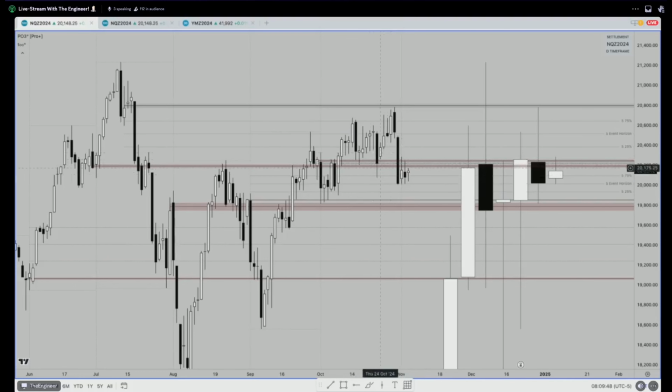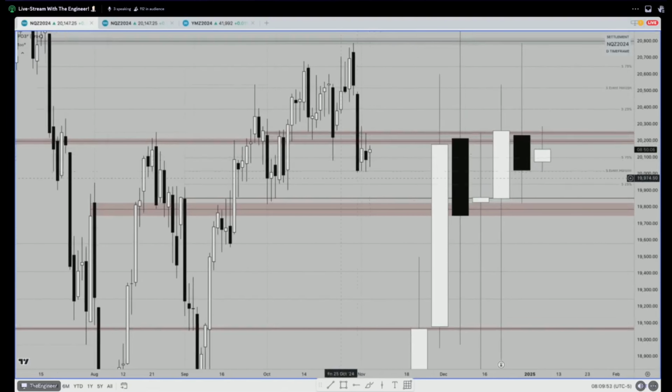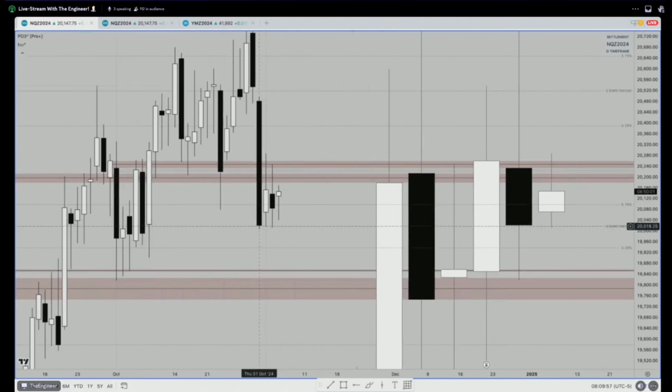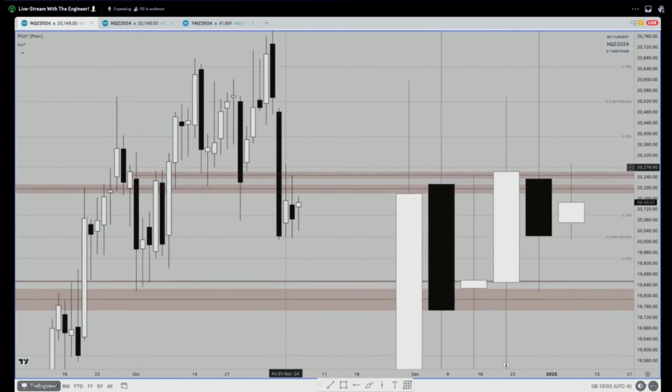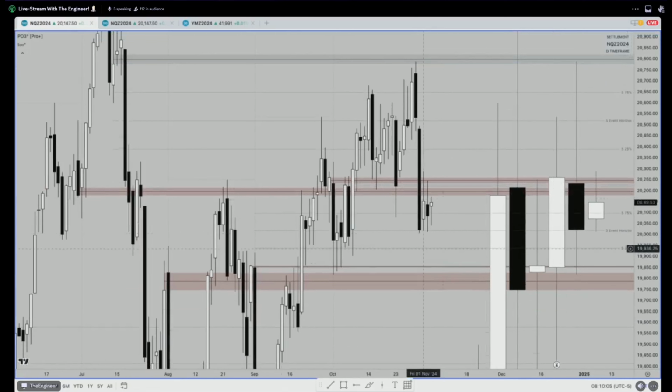And we tap exactly into the event horizon that is the 50% right here. Beautiful, to the tick, perfectly. And now we are trading inside this range of monthly gaps.